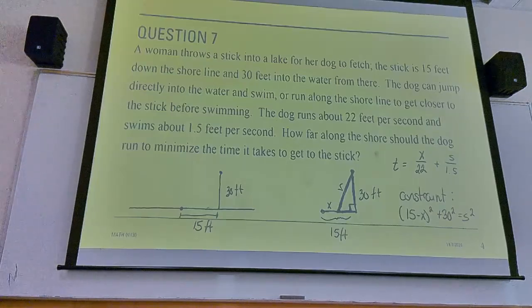Could I have done a different constraint with some trig to solve for S? Theoretically you could, but that's going to make it a lot worse because now you're dealing with angles. Yeah, this seems better. Are we going to write x in terms of s or s in terms of x? They're both not going to be fun.